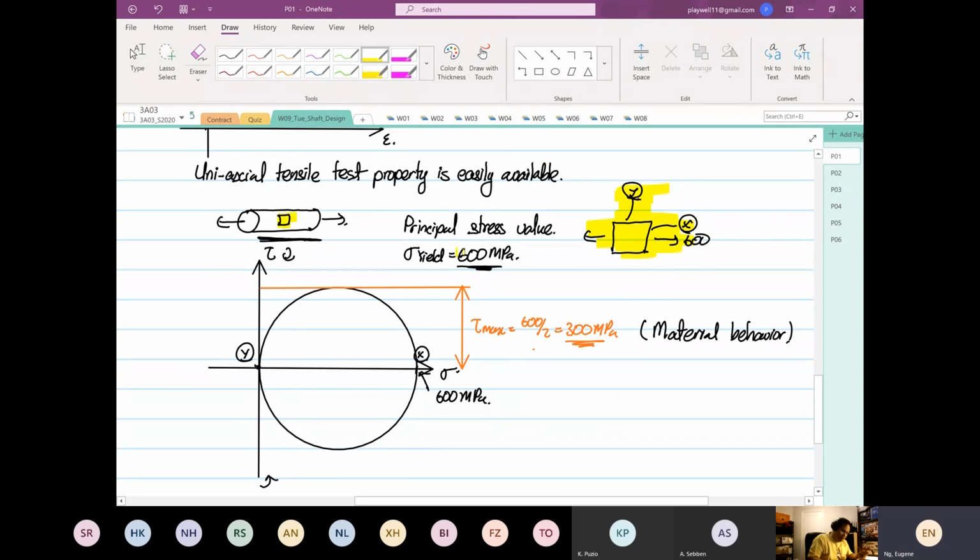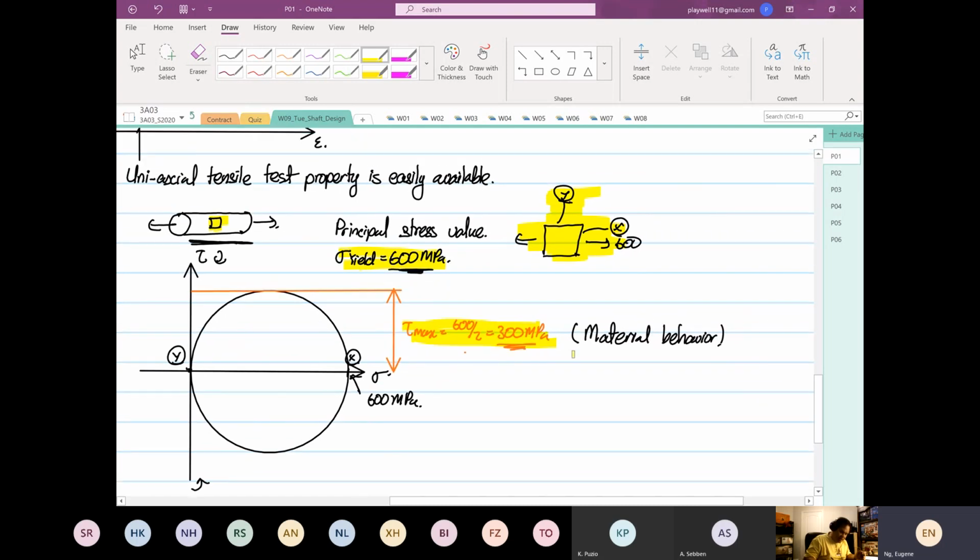This is a measured value equal to 600 megapascal. So we construct a Mohr's circle, and from the Mohr's circle we realize that tau max is equal to 300 megapascal. An important thing to take note of is that this is a material behavior.